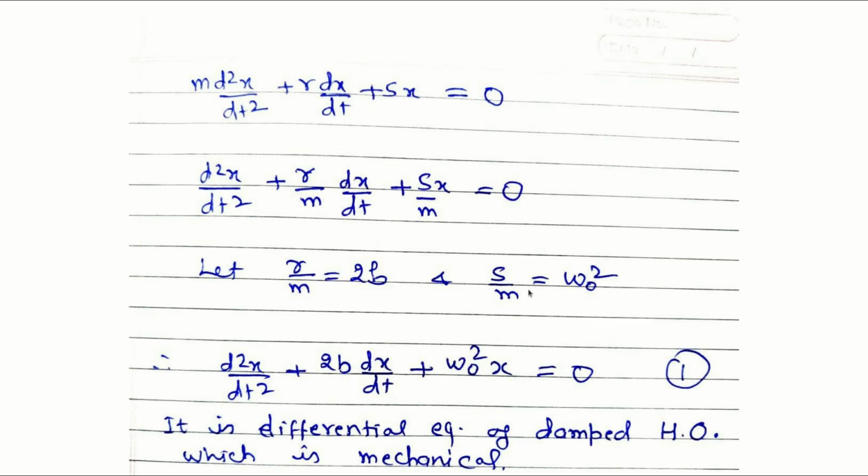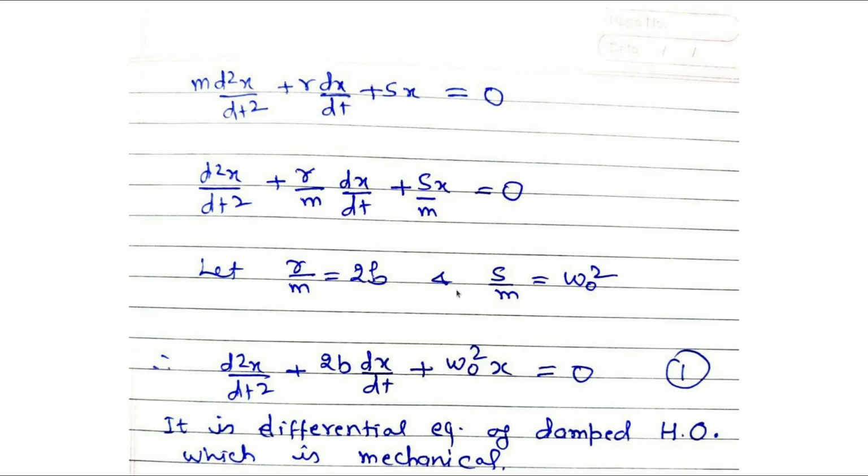I have already discussed that s is the spring constant and m is the mass. If s is large, stiffness will be more, so frequency will be more. If m is more, frequency will be less. So both s and m affect frequency, and the ratio of these terms can be taken as the frequency.